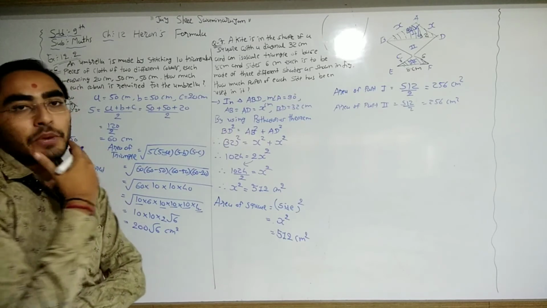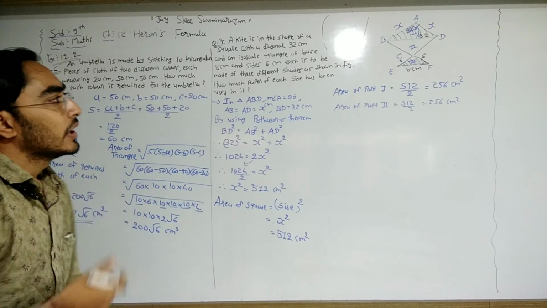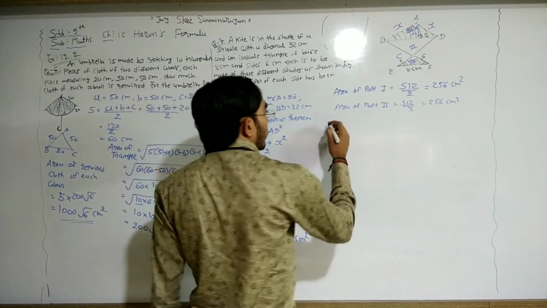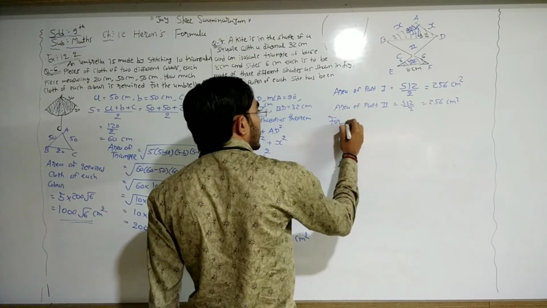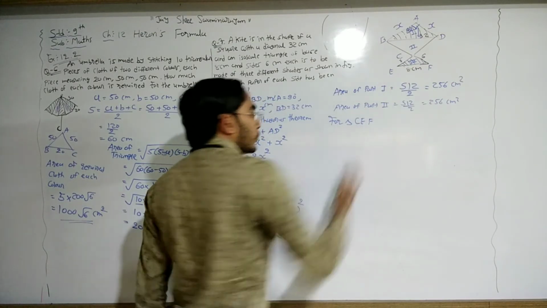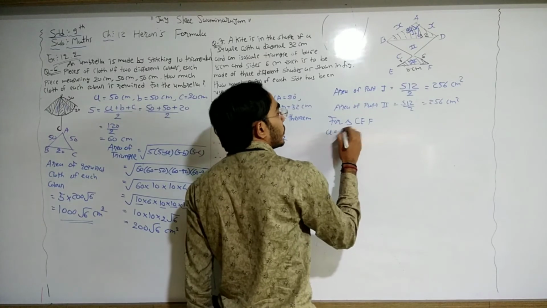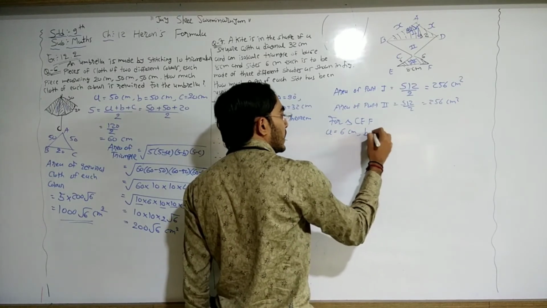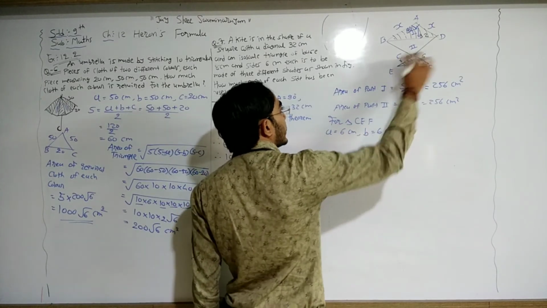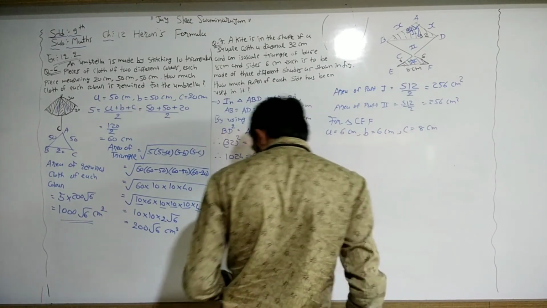Now we need to find the area for part 3. For triangle CEF, here we need to use Heron's formula. So here A is equal to 6 centimeter, B is equal to 6 centimeter, and C is equal to 8 centimeter.